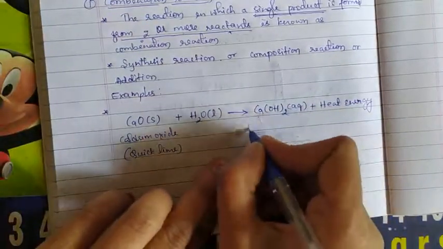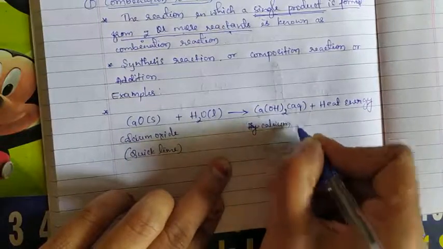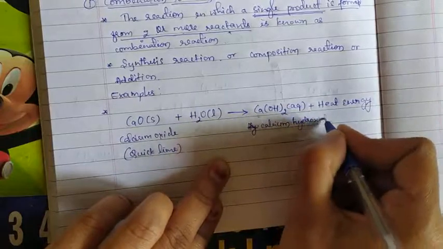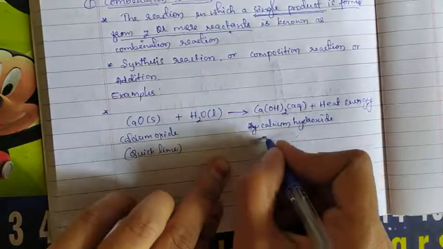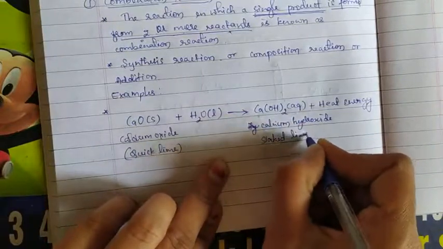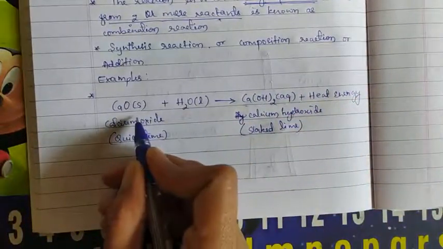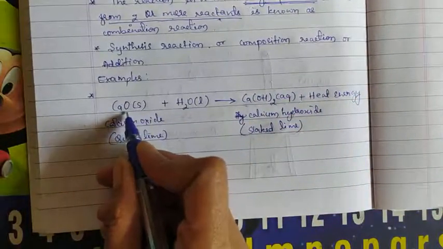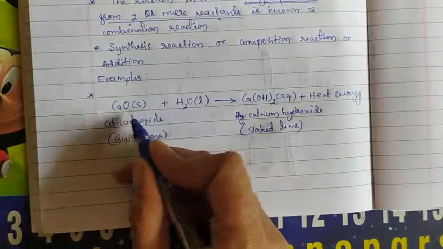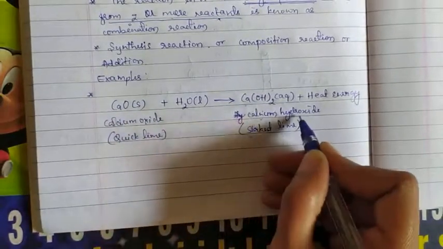Calcium hydroxide is the chemical name. Slaked lime is the common name of this compound. See, calcium oxide is taken in a beaker. If we add water to this beaker, it reacts vigorously with the calcium oxide and forms calcium hydroxide.